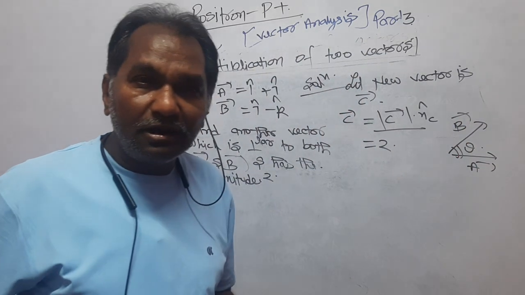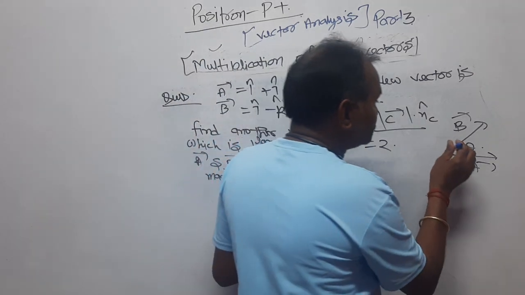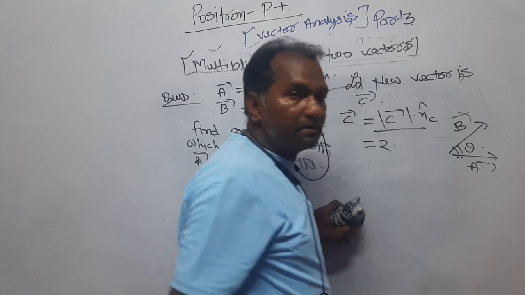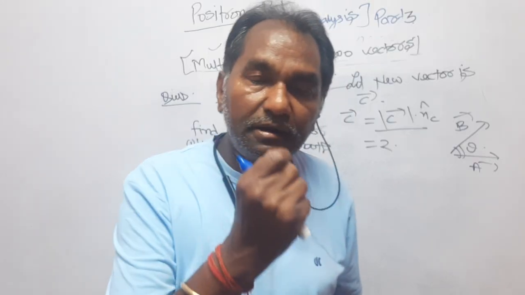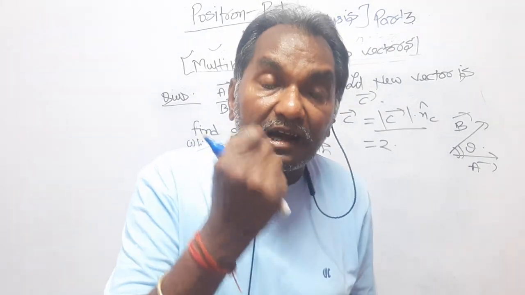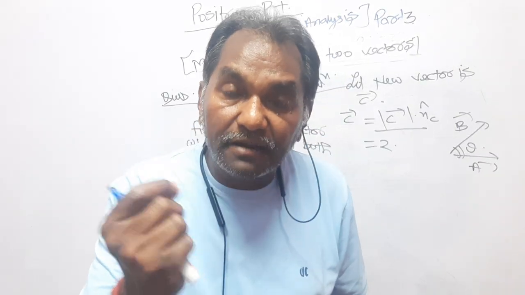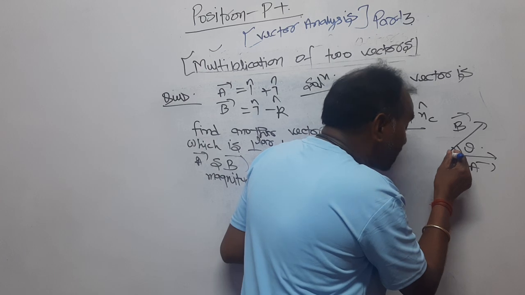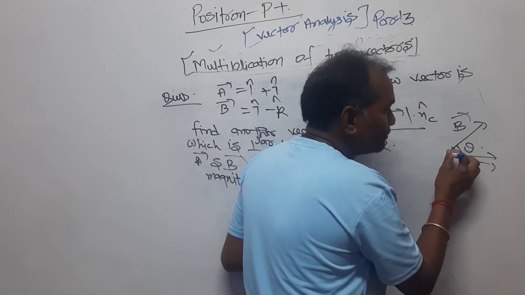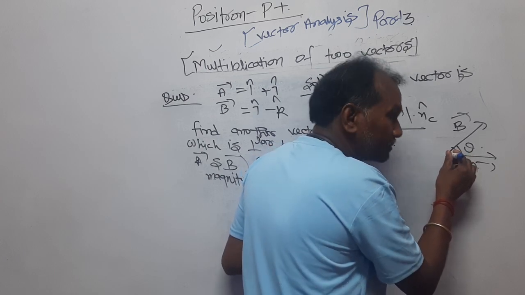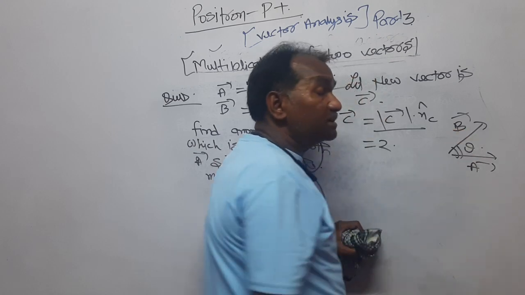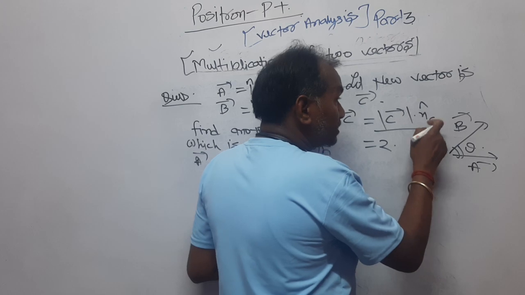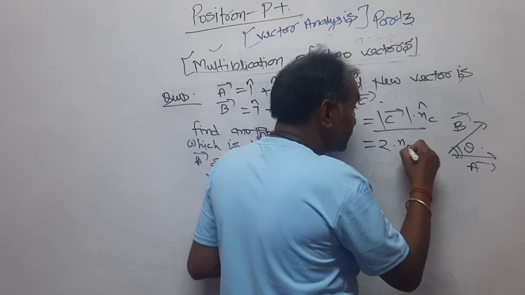I have told you initially that A cross B has the direction perpendicular to the plane formed by vector A and vector B. It is perpendicular not only to the plane, but to vector A and vector B separately as well. So the direction of vector C is the direction of A cross B.